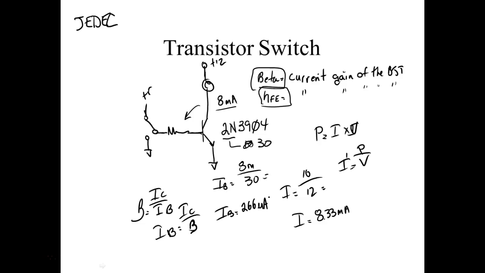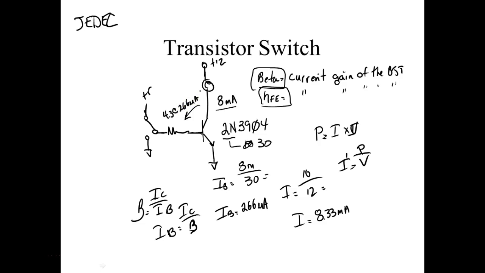Okay. So what I'm going to have to do is choose a resistor right here to drop how many volts? 4.3 volts. Y'all follow so far? At 266 microamps.